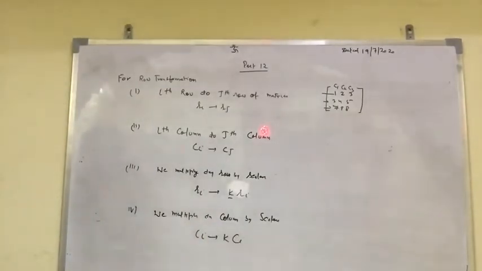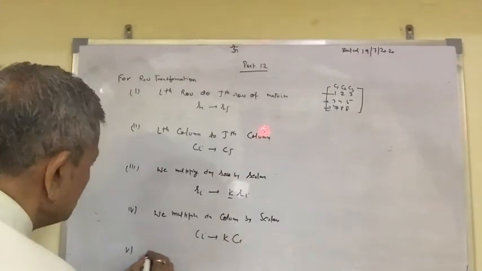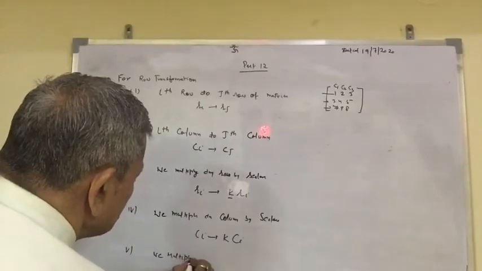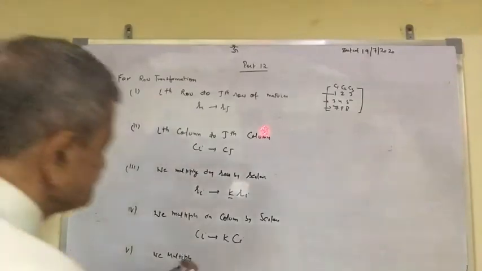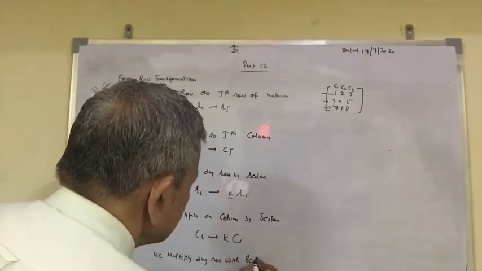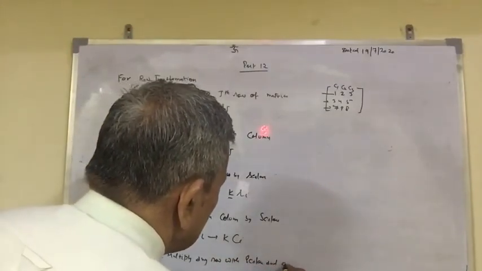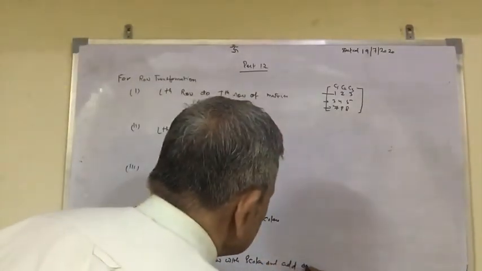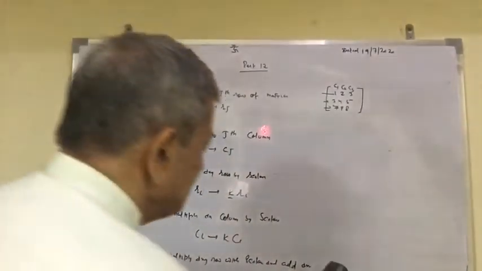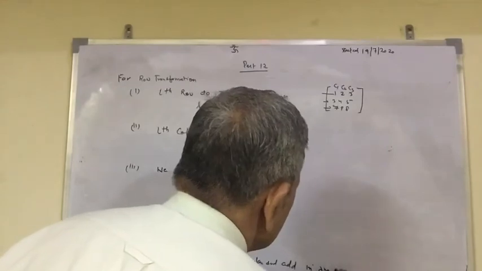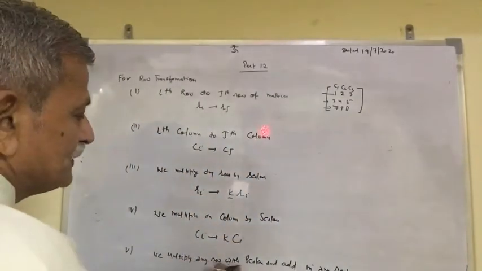And the fifth one is you can multiply and add: we multiply any row with a scalar and add it into any row.